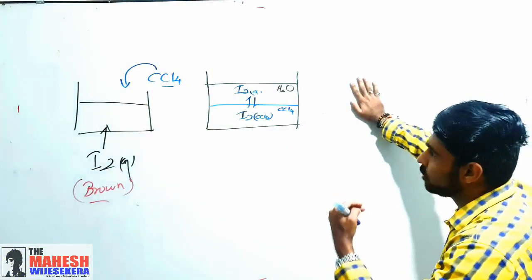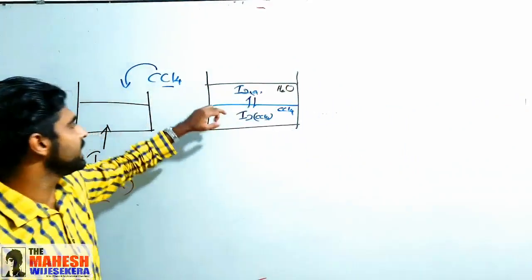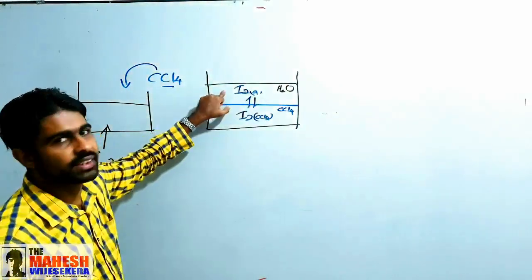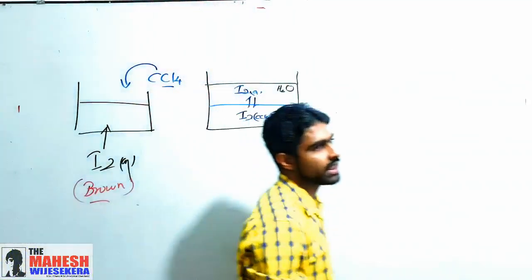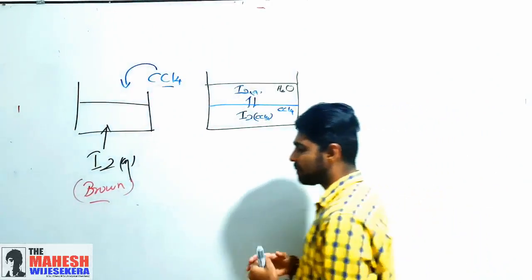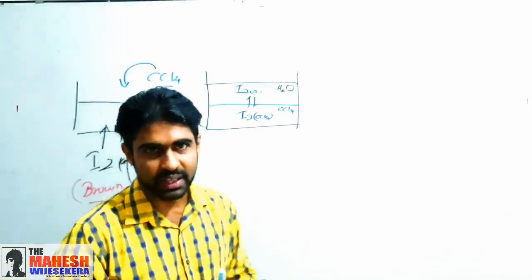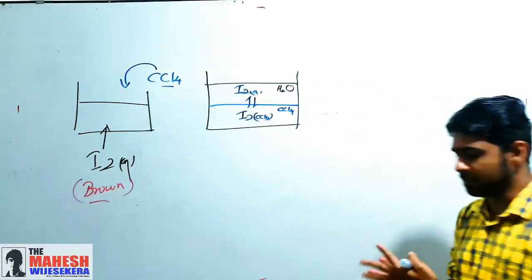Molecules of iodine in the CCl4 layer move into the aqueous layer, and the molecules in the aqueous layer move into the CCl4 layer. So that happens, and there will be an equilibrium between them.